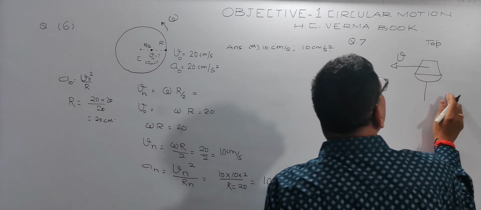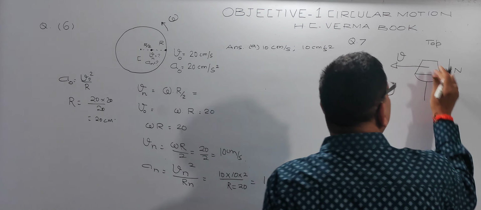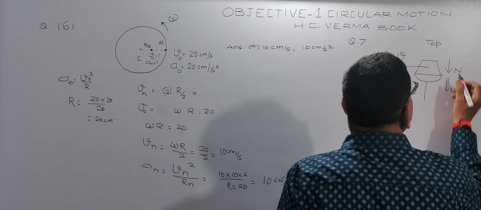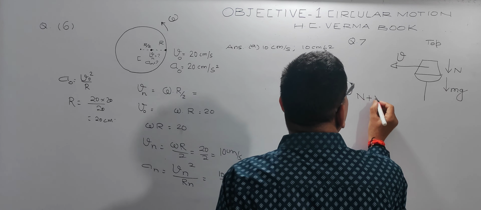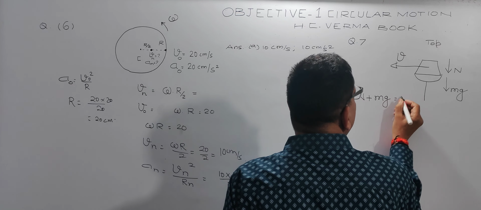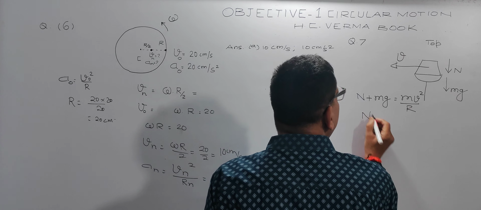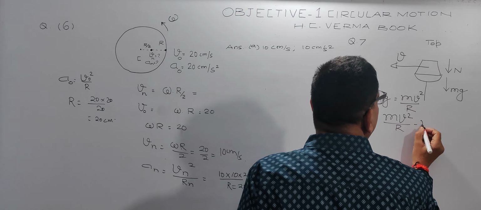Now if water is not falling, we will observe the normal reaction on the water and the weight of the water provide the centripetal force. So N plus mg can be written as mv square by r, or I can say the normal reaction is nothing but mv square by r minus mg.